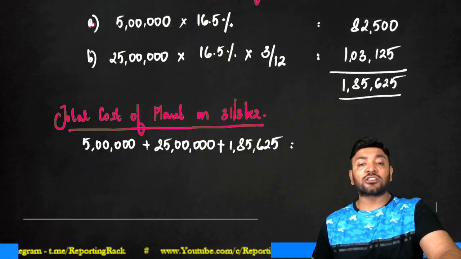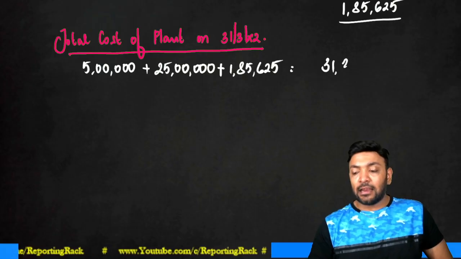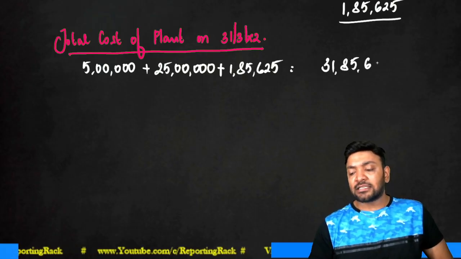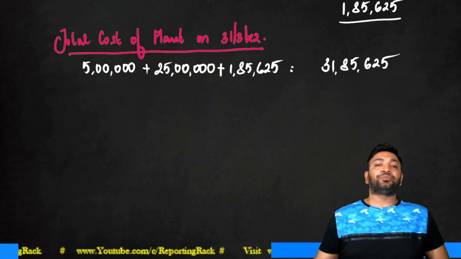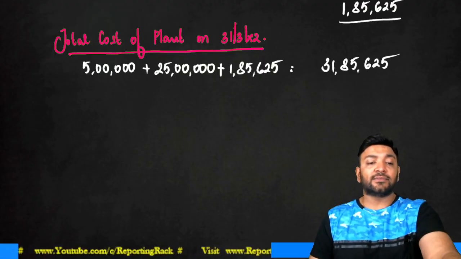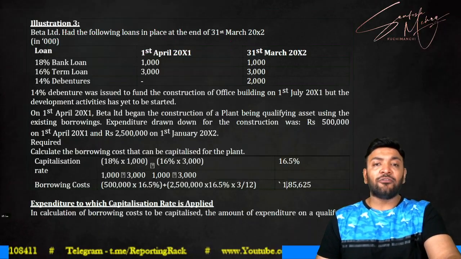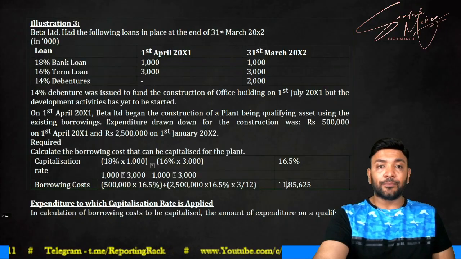Therefore, the total cost of plant which is capitalized is 31 lakh 85,625. That is the total cost of plant capitalized. Clear? That will bring us to the end of illustration number 3.